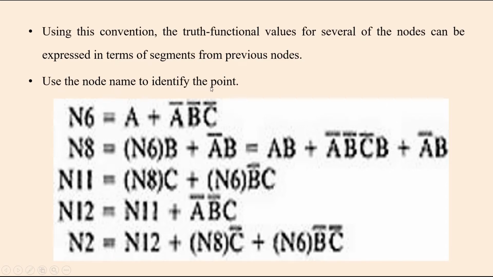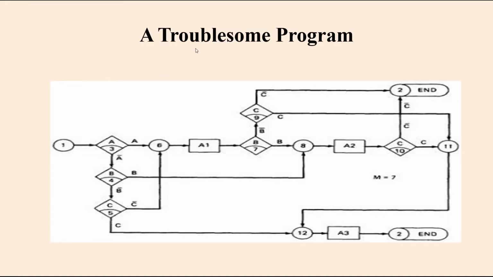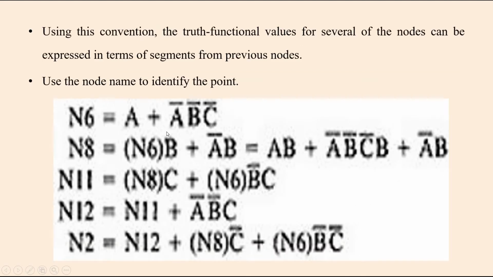Use the node name to identify the point. For example, node 6. So how can this node 6 be represented here? This is the node 6. Node 6 can be represented as A plus A bar into B bar into C bar. So A bar and B bar and C bar, it's a product actually.